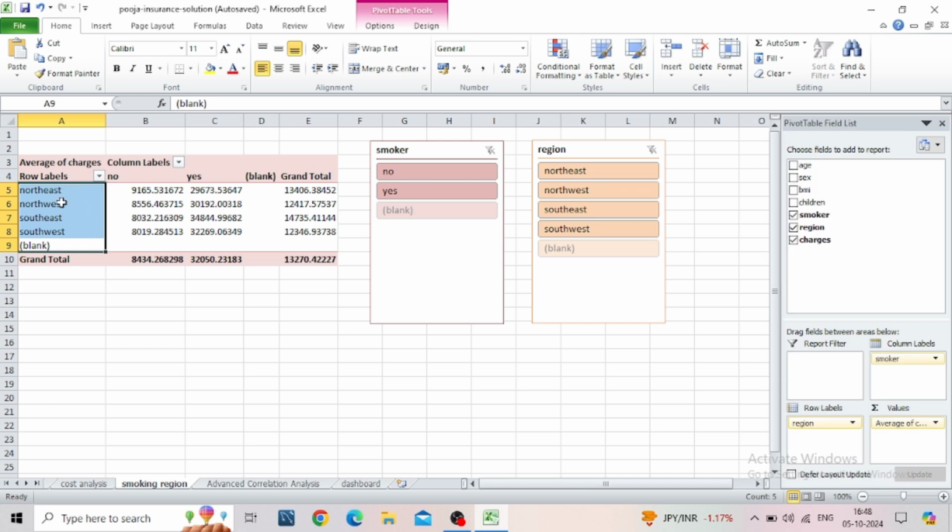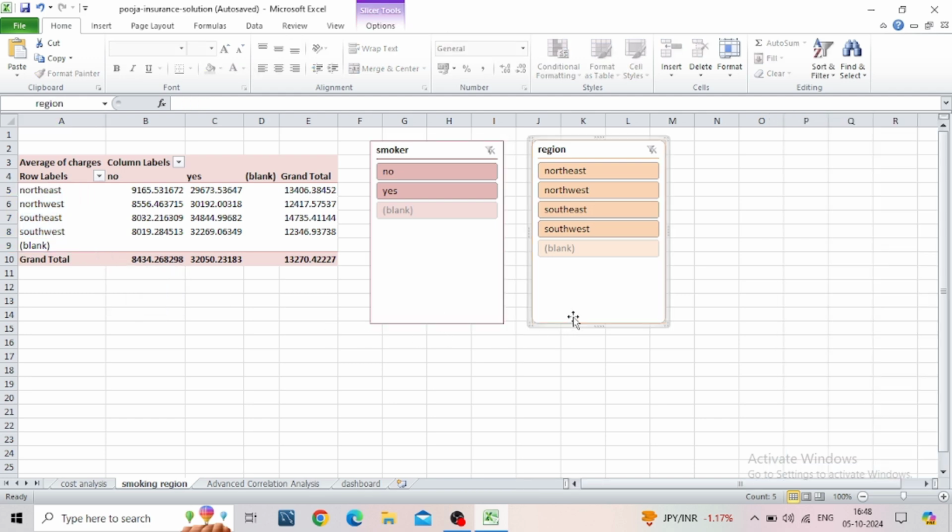I then added 2 slicers for more interactive analysis. One slicer for smokers with options yes or no, allowing the data to be filtered based on smoking status. Another slicer for regions, so the data can be filtered by geographical location.